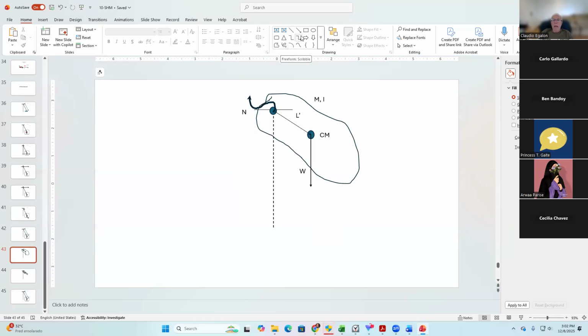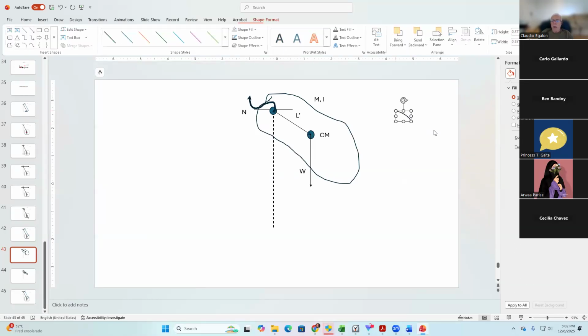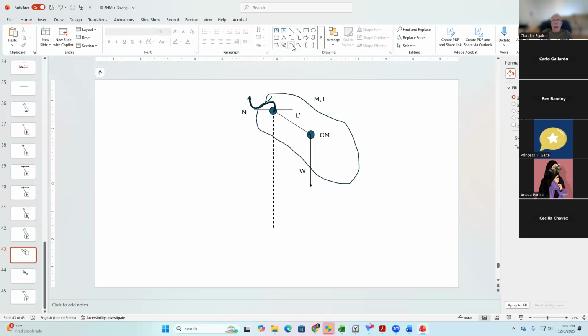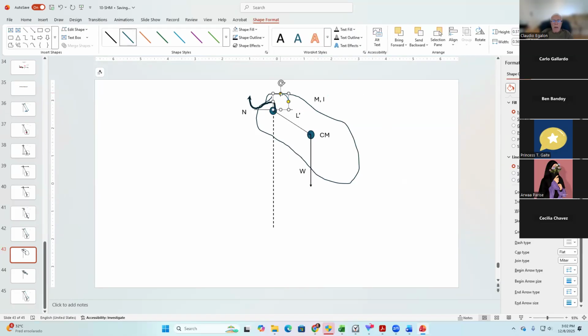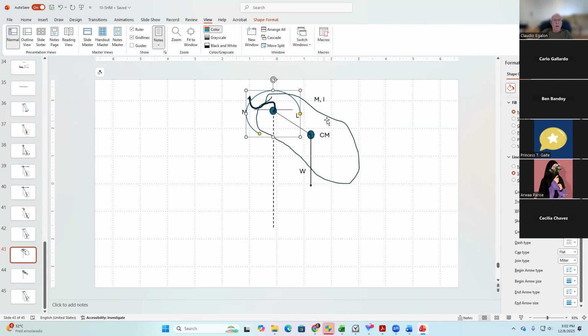What else can we get here? No, that's not the one I want. I think I want this one. Yeah. I'm going to need some grid lines. One, two.